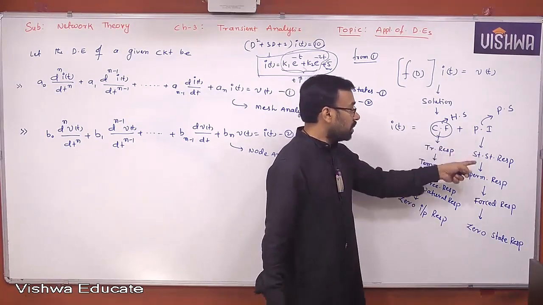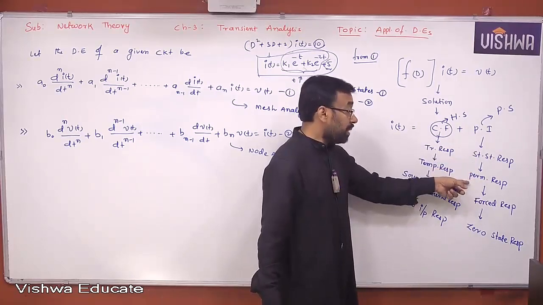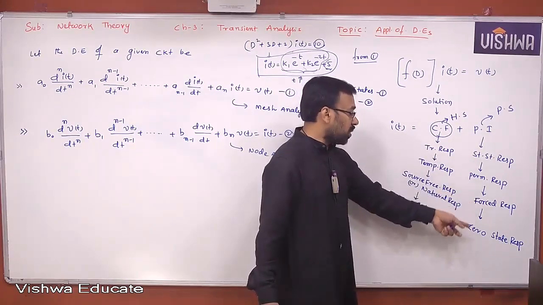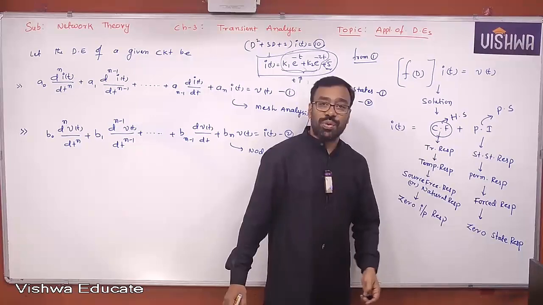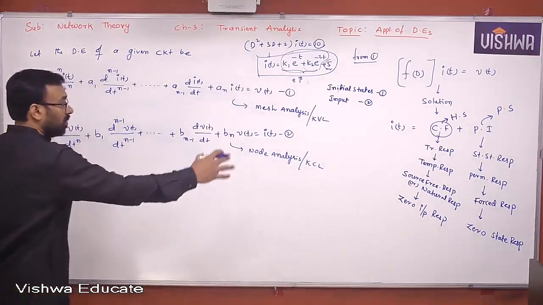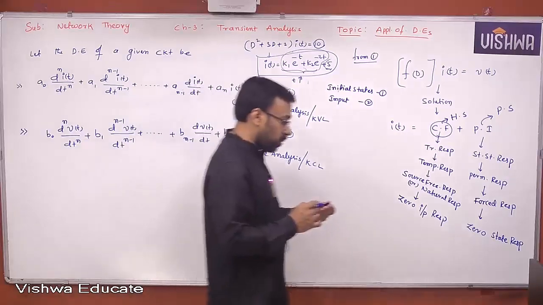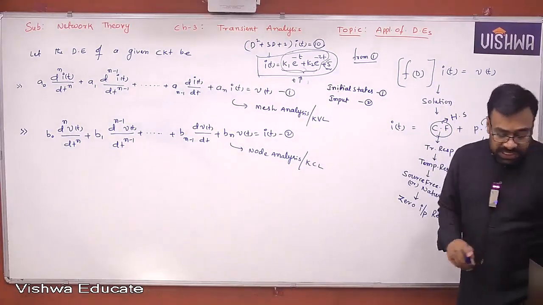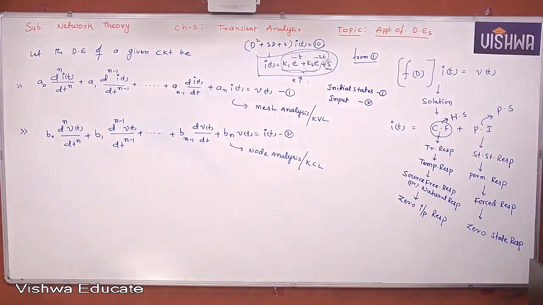Coming to the other, steady state response, permanent response, forced response, zero state response. Please note down. I'll give some time. All of you please note down quickly this particular part. It's very, very important. The numericals are very simple to solve, but one should understand the concept behind why we are studying this particular part and what the important points to be observed are.